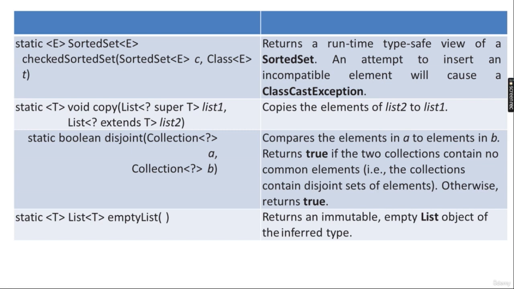Static E SortedSet E checkedSortedSet, SortedSet E C, Class E T. Returns a runtime type safe view of the sorted set, and an attempt to insert an incompatible element will cause a ClassCastException.